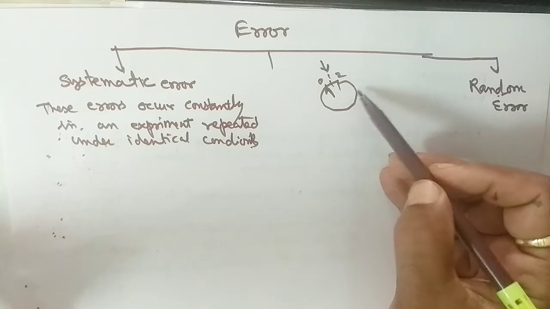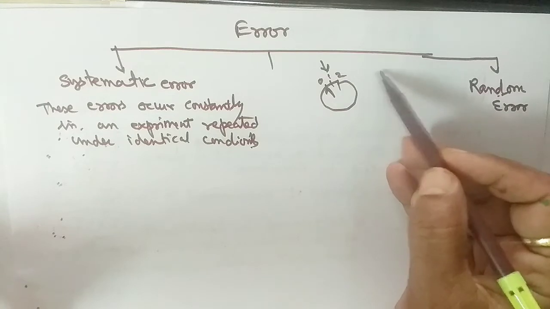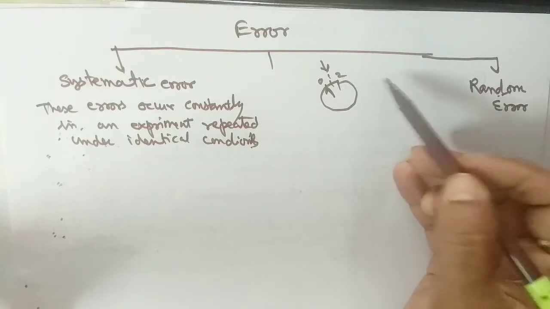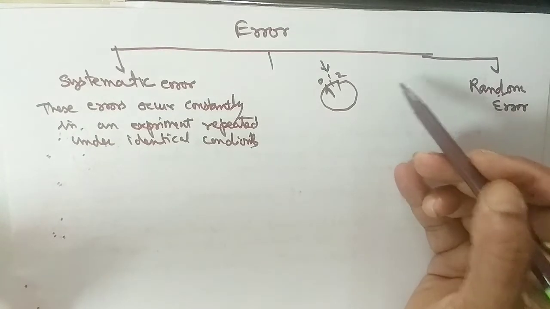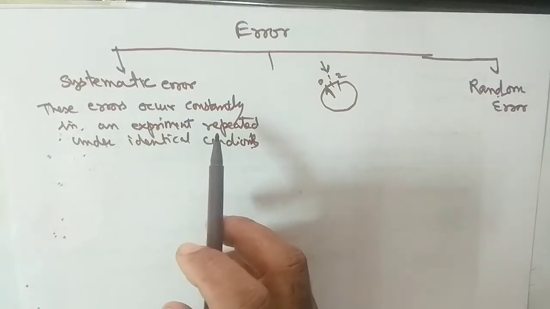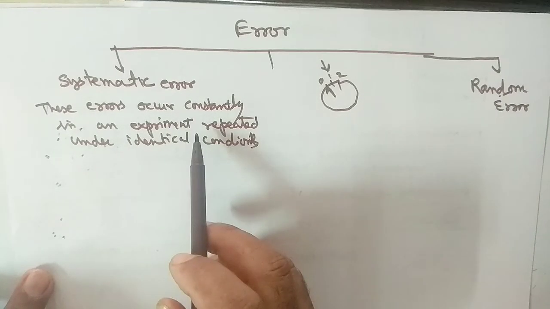You will get +1 unit in every reading. Suppose the actual current is 3 ampere, you will read it as 4. Actual is 5, you will read 6. So you will find the same difference every time. So it is due to the system, and that's why it is known as the systematic error.